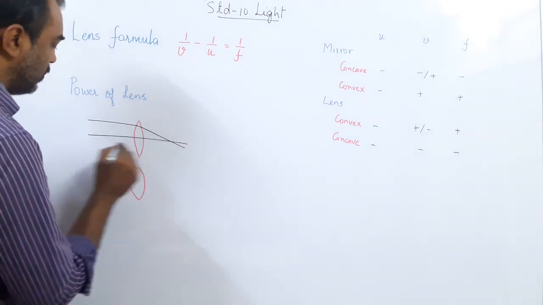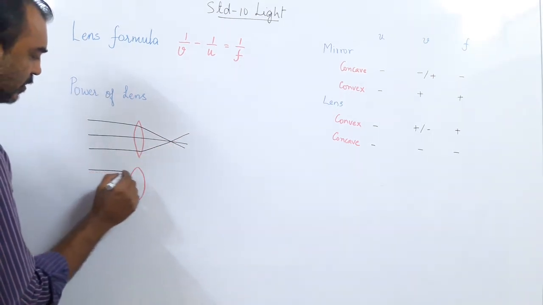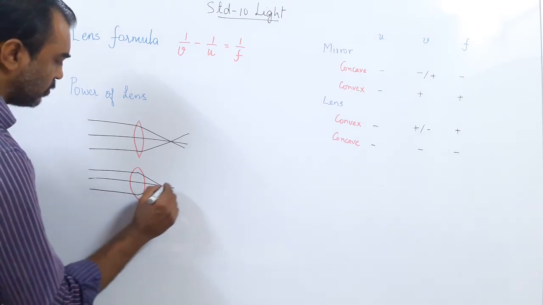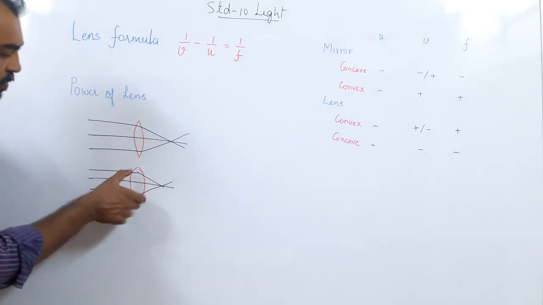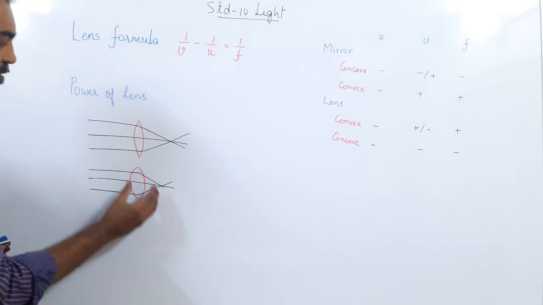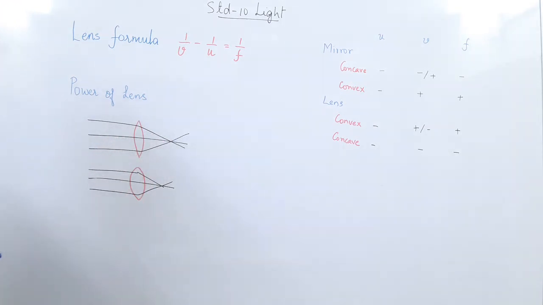It will converge the light. A thicker lens bends the light more, so they converge at a nearer distance. A thinner lens bends the light less, so they converge at a far off distance.